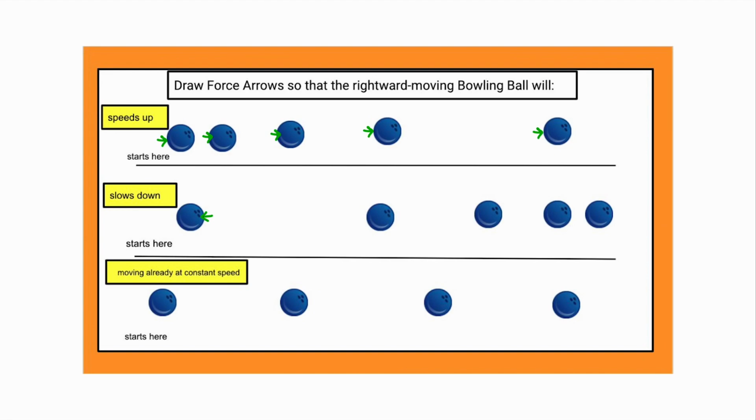And in this next photo, the bowling ball is also moving to the right, but now we're hitting it on the other side of where it's moving. So that's going to show that the bowling ball is going to slow down. Okay, so that's what the slowing down is going to look like. And for the constant speed, it's already moving. So at the beginning, we don't assume that it is coming in from rest.